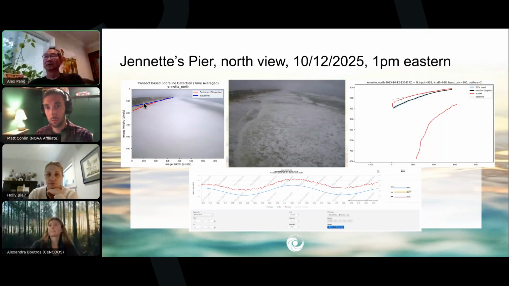In the middle of the top row is a particular frame around 1 o'clock that day, which corresponded to the high tide, as indicated on the bottom image. The predicted tide around 1 o'clock was supposed to be around 2 feet. The mean low watermark, I believe, from the tide gauge was indicating 4.5 feet, so quite a bit more than the predicted level.